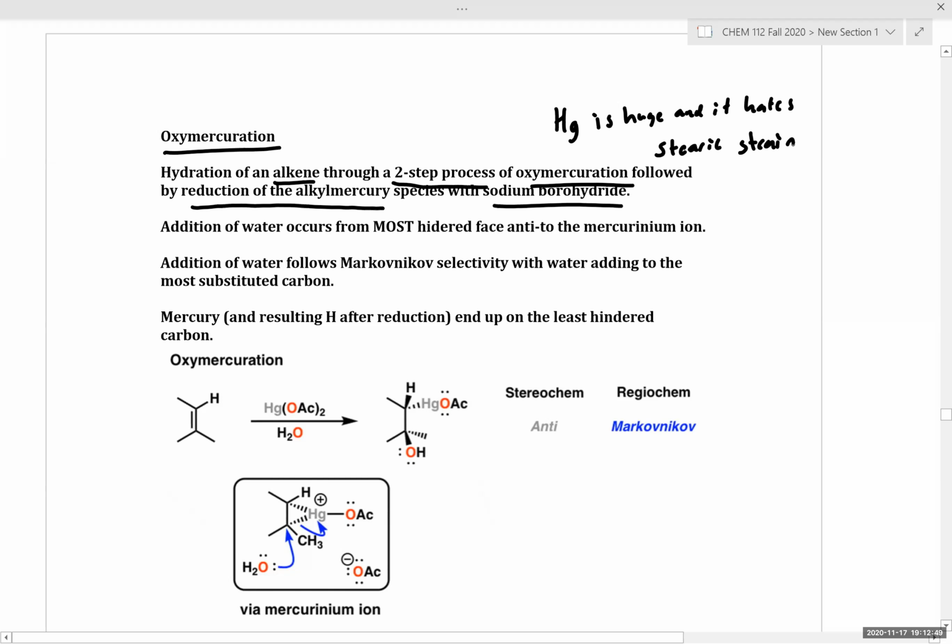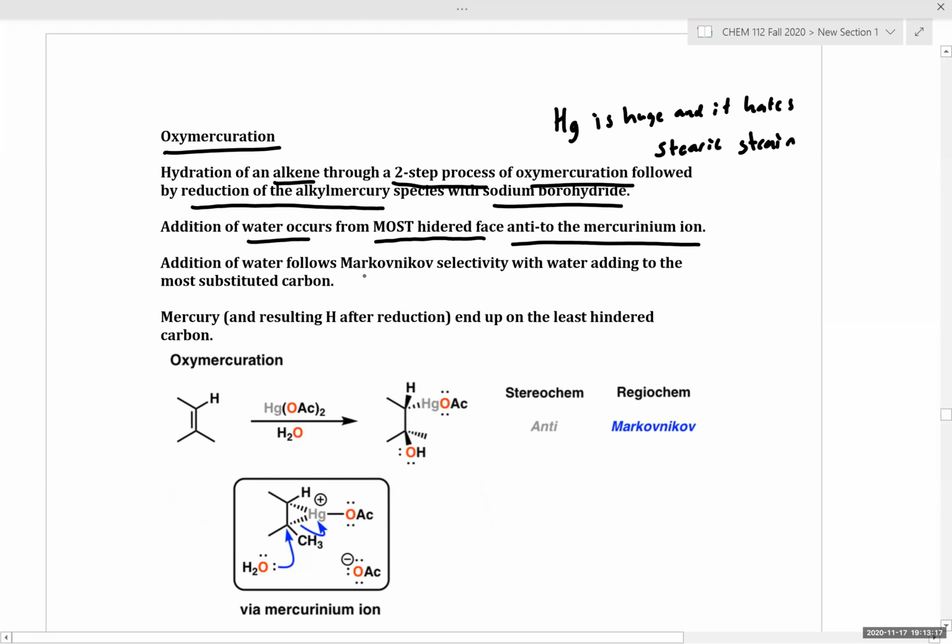So the unique thing about oxymercuration is that addition of water occurs from the most hindered face anti to the mercurinium ion. Okay, so again, we have this anti-stereochemical preference, but this time water is going to add on the most hindered face.